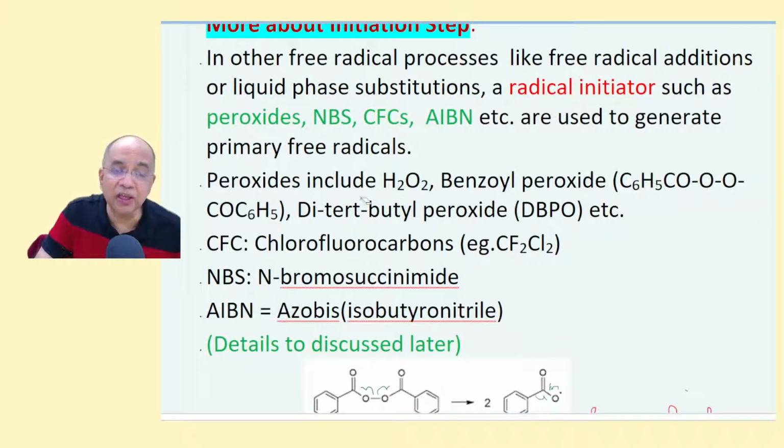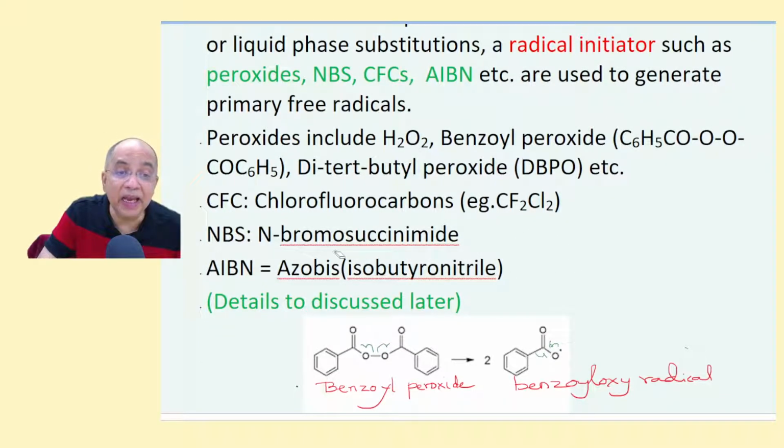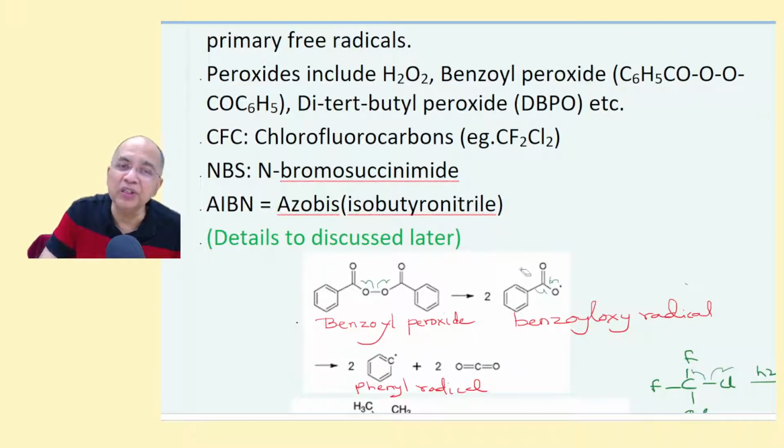Among peroxides, you can have hydrogen peroxide, the simplest, looking like water. Benzoyl peroxide, C6H5CO, this is the peroxy linkage, then CO, C6H5. Ditertiary butyl peroxide, DBPO. Chlorofluorocarbons can be many. Out of them, I have given one example, CF2Cl2. NBS is N-bromosuccinimide. I will give you the structure later. AIBN is azobisisobutyronitrile. The details to be discussed later.